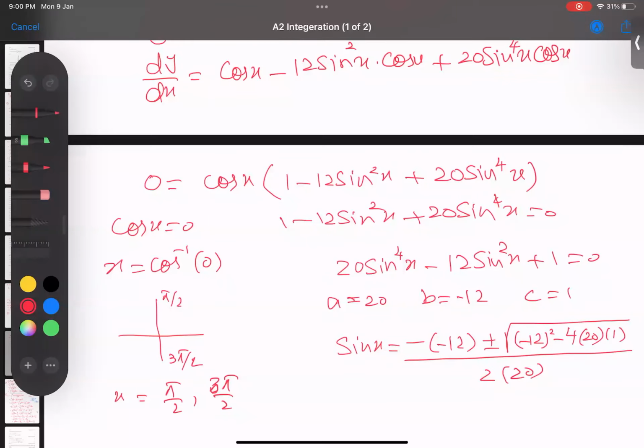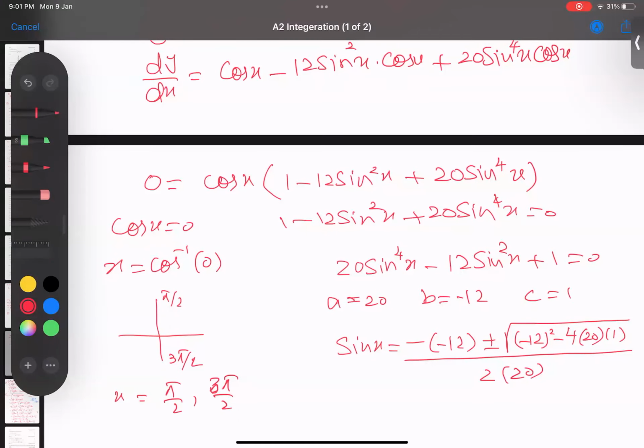Okay, so let's see now what answer I'm getting here. Wait a minute, I check the calculator, one minute please. Okay, so the values: first value is 20, second value is minus 12, third value is 1.